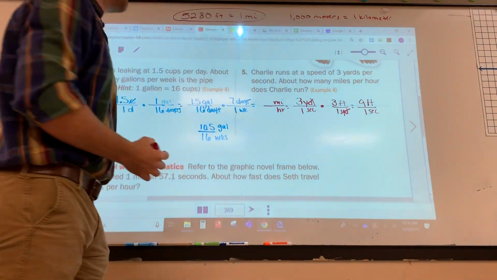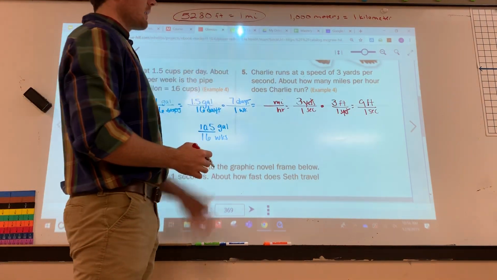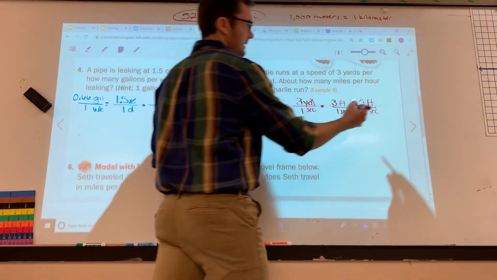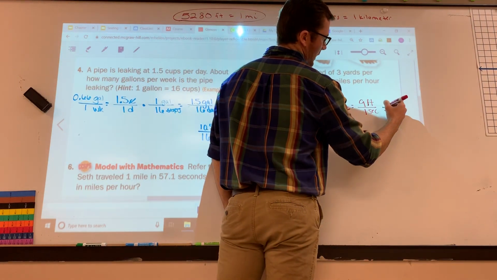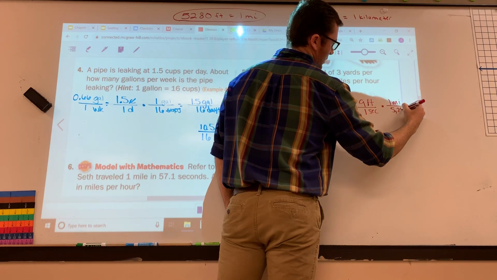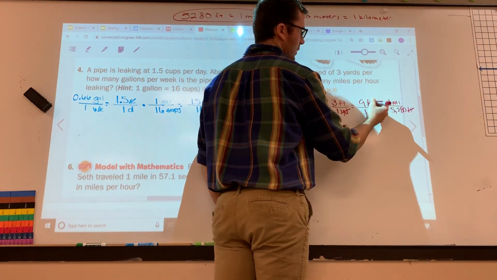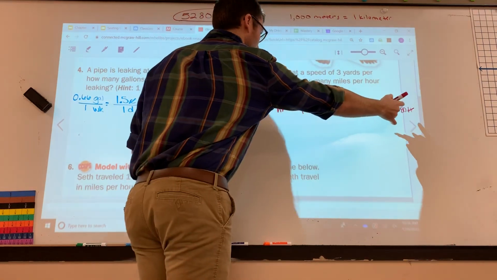Okay. Well, we already established earlier that there are 5,280 feet in 1 mile. So I'm going to get rid of my feet next. So 1 mile is the same as 5,280 feet. So whenever I cancel those out, I get, so I'm going to rewrite this right here.